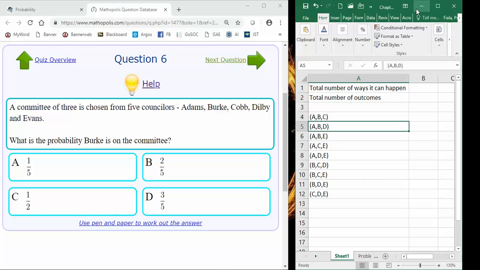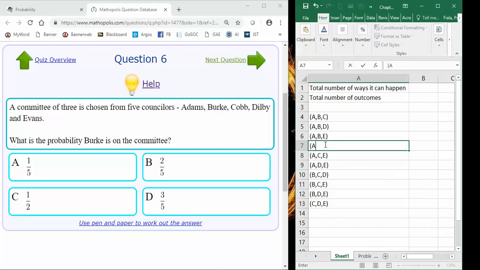Make sure I have everybody. A, B, D, A, B, E, A, C. I'm missing one, right? A, D, E. Oh, hold on a second.